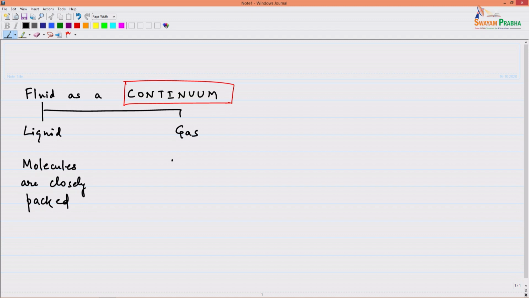So here the distance between molecules is quite large compared to the dia of the molecules. Now, molecules are of course always in random constant motion.